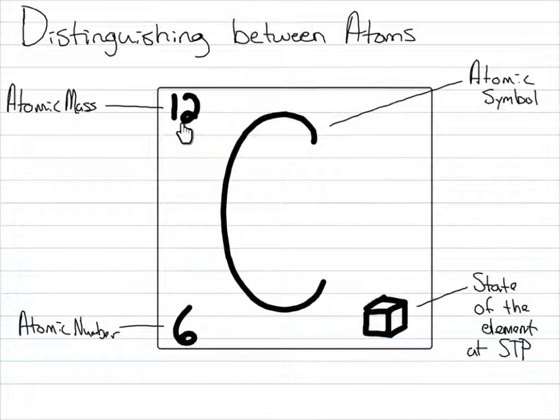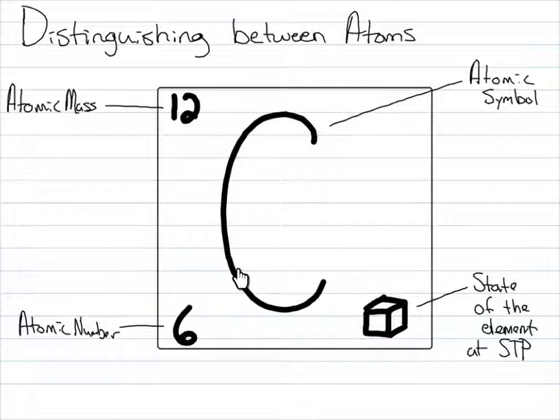But different periodic tables will represent it out to a different significant figure, but it's always the larger number that is the atomic mass. Notice 12 is larger than 6. You know that's the mass because the mass typically is larger than the atomic number. Well, it's either larger or the same. It can't be lower than the atomic number.